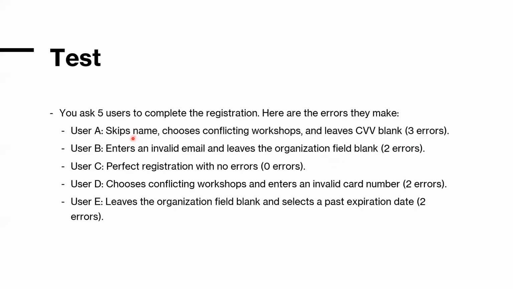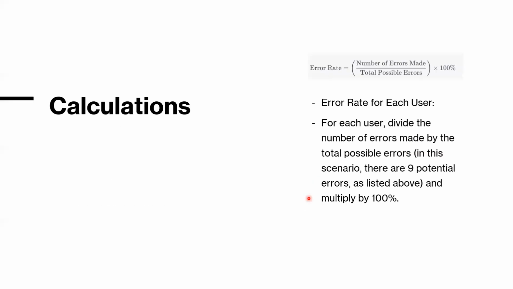Say you have 5 users in your usability test, user A to E. The number of errors they make can vary, like 3, 2, or no error, and so on. Then how are you going to calculate it?